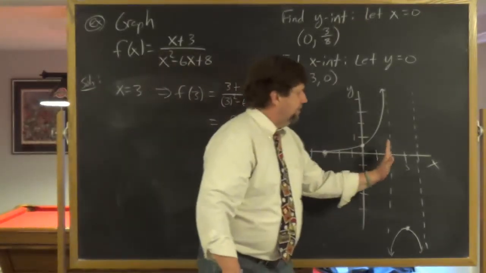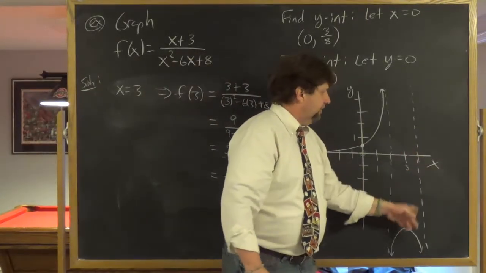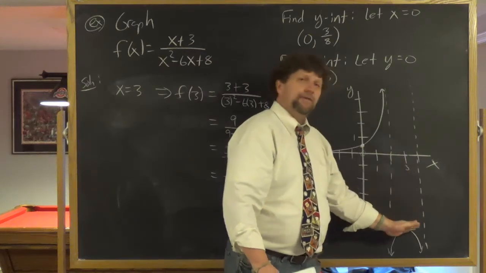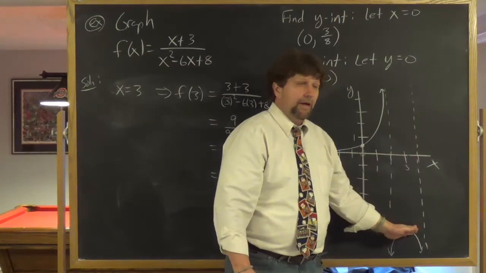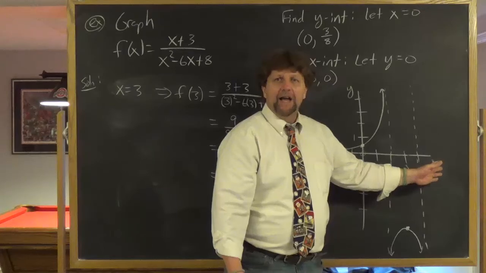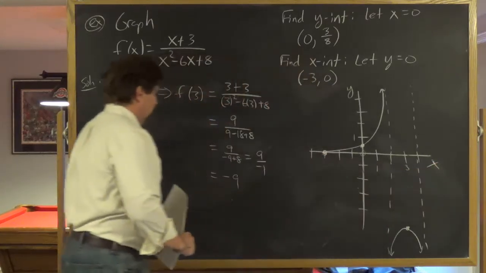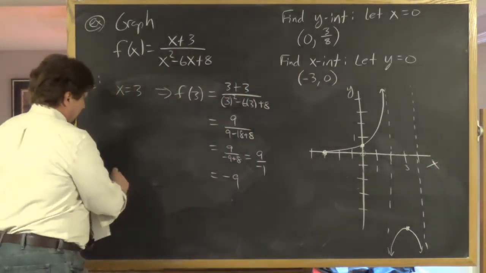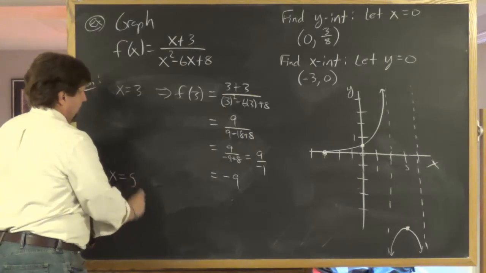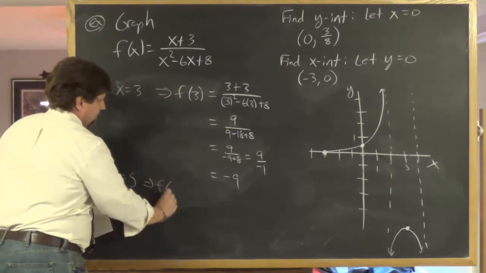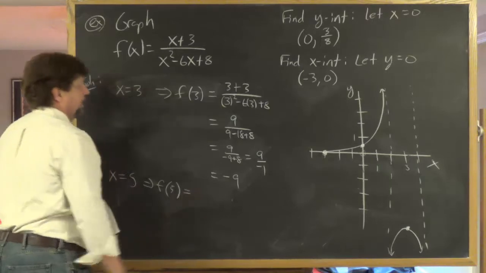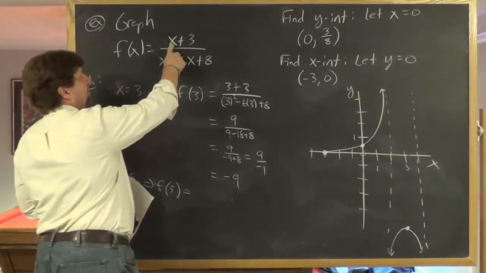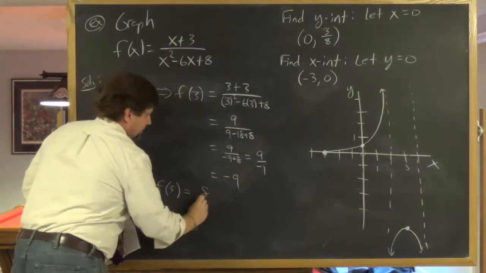Let's try to figure out what's happening to the right of this vertical asymptote. Remember, this vertical asymptote's at x equals 4. So let's put 5 in for x. I'm going to cut some steps out here. 5 plus 3 is 8.